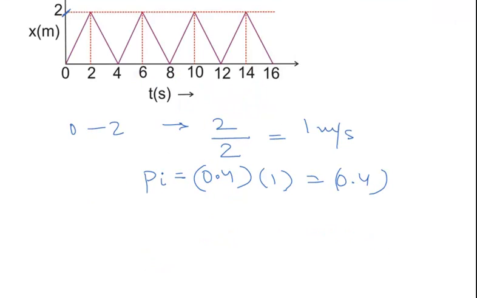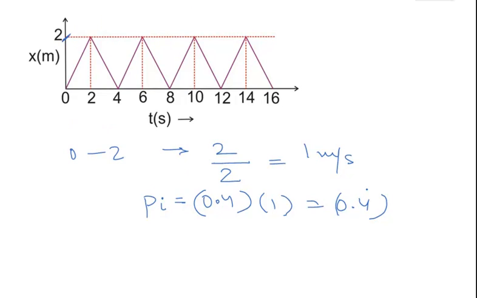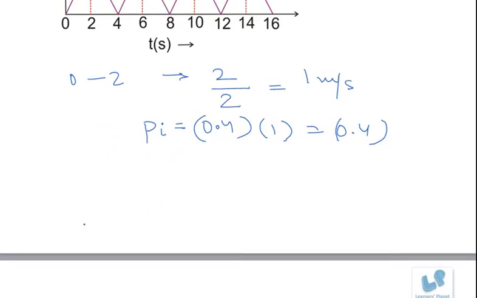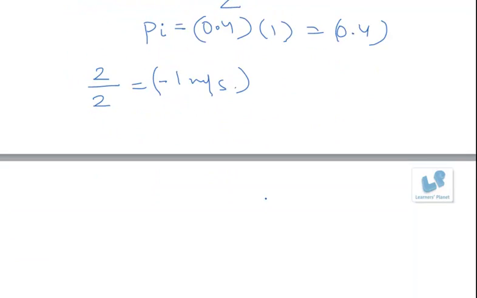Now after the impulse the body is again moving with the same speed. It travels a distance of 2 in time interval of 2, so its speed is 1 meter per second, but you can see that the slope is negative, so this speed is actually negative or the momentum has reversed.